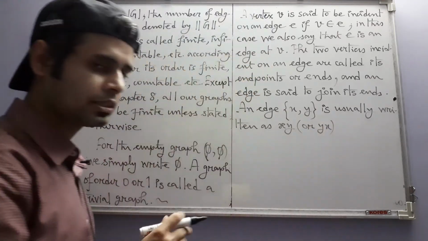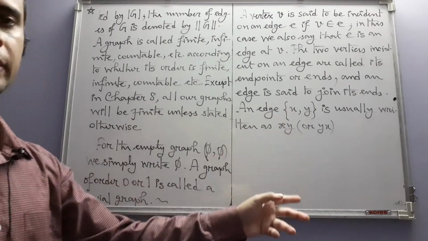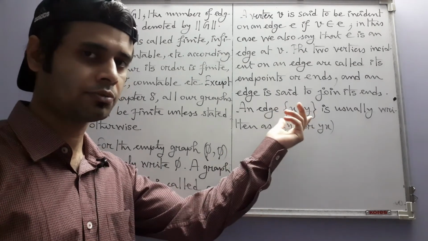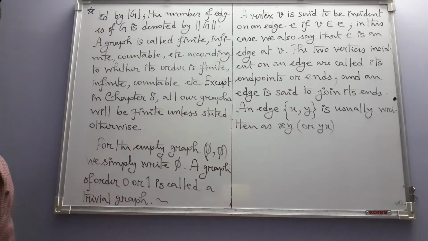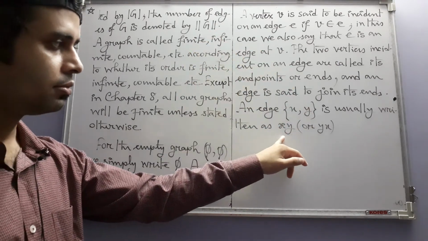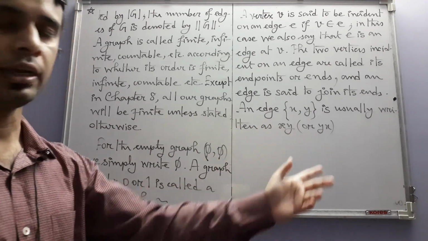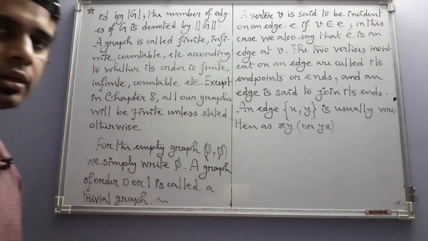This is also a simplification of the notation. Instead of writing it as a set, we can simply write it as xy. In the actual definition, we of course need the fact that it's a two-element subset of the vertex set, but we can convey the same information by simply writing xy or yx, which clearly shows that its ends are x and y.